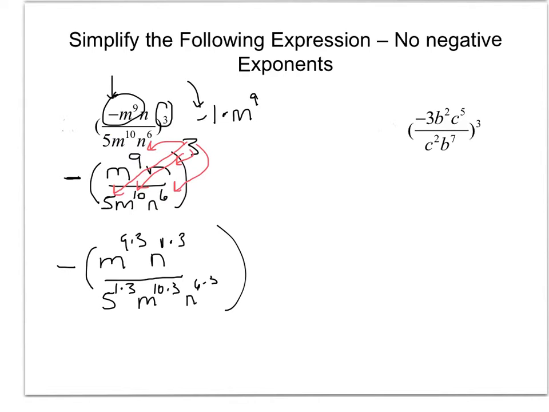And that exponent has now been distributed to all the exponents for our terms. Then I'm going to simplify it. So 9 times 3 is 27. 1 times 3 is 3. 5 to the 3rd, m to the 30th, and n to the 18th.